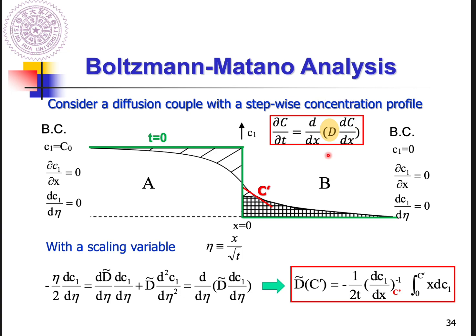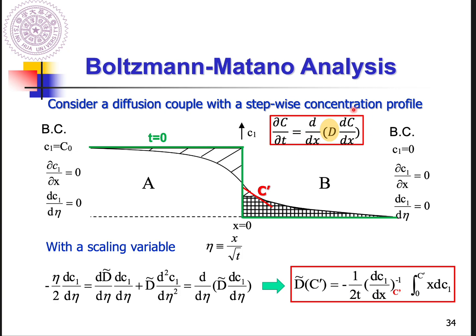This is the diffusion equation we derived from the continuity equation. Now the diffusivity is no longer a constant, it's a function of concentration, so we cannot just take the diffusivity D out of this operator.